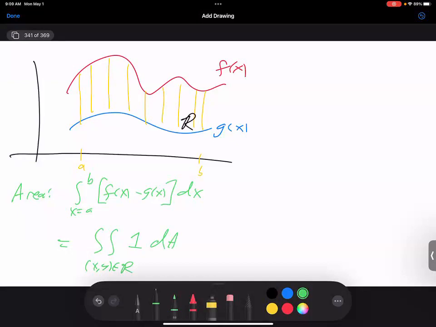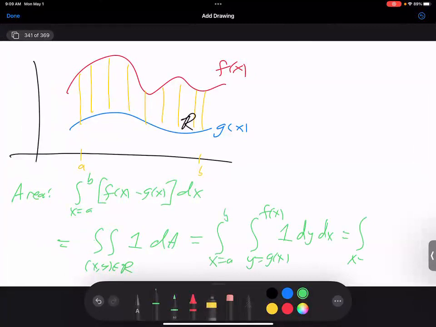We would do it as the integral x goes from A to B, the integral y goes from g of x to f of x of 1 dy dx. And that's just going to be exactly what we had a moment ago, the integral from A to B of f of x minus g of x dx. So when we extend things to 3 dimensions, it's really what you've already seen in 1 dimension.